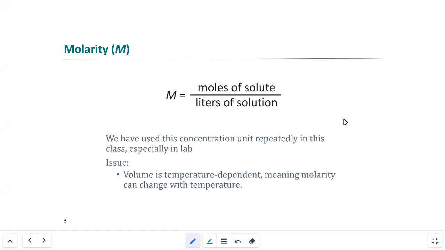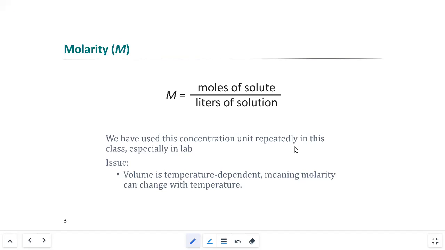So if we come back again to the idea of molarity, remember, molarity was moles of solute per liter of solution. It's a really useful unit. We use it all the time. Almost every solution in our laboratory is given to us using this unit because of how useful that concentration is for doing things like stoichiometry.